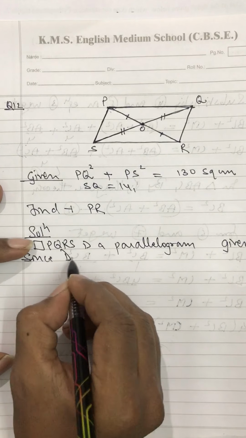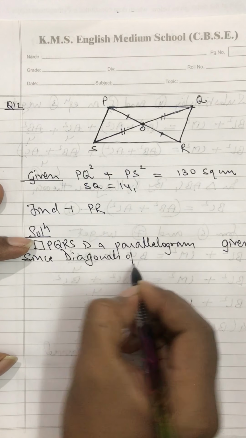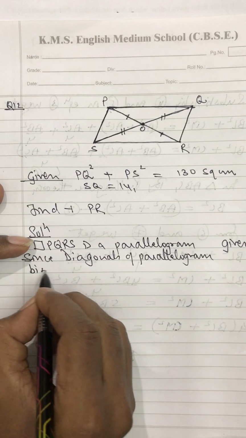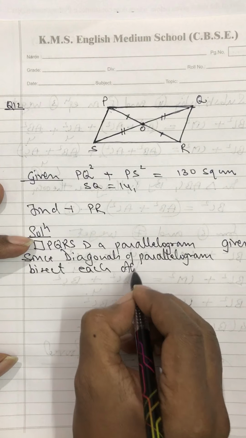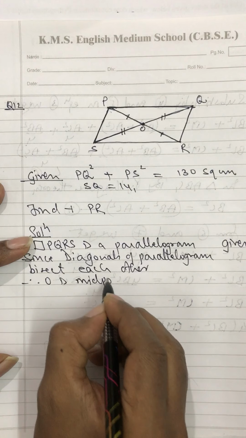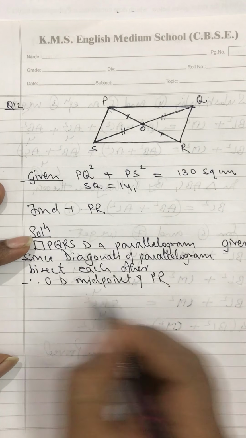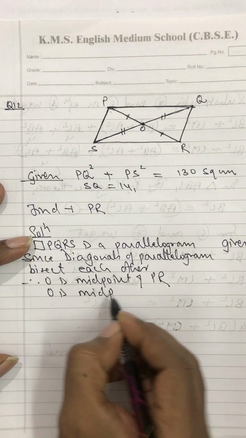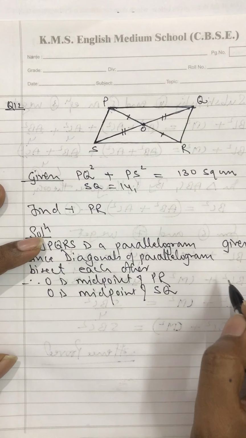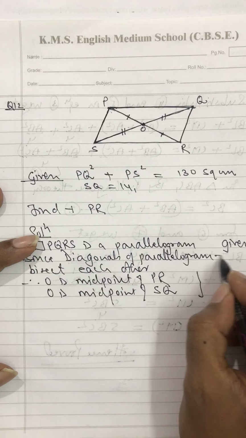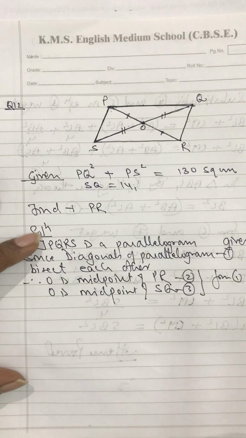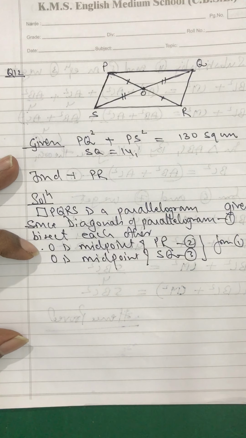Since diagonals of a parallelogram bisect each other, therefore O is the midpoint of PR, O is the midpoint of SQ. Okay, this is from 1, this is 2 and this is 3. Fine. So you have got O is midpoint of PR, O is midpoint of SQ.